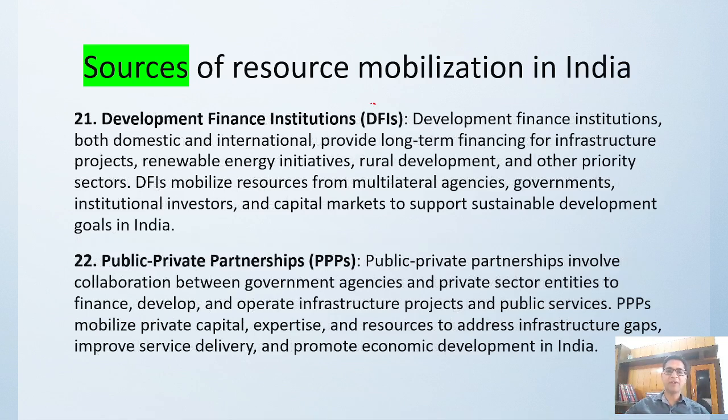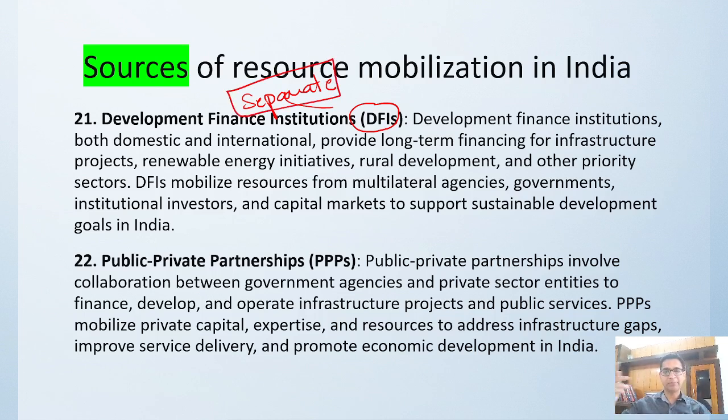Then we have development financial institutions. Outside, we have a lot of development financial institutions, okay, which are working in a particular field. Some are working in renewable energy, some in rural development, some in road generation. They all have a separate way of funding various projects.